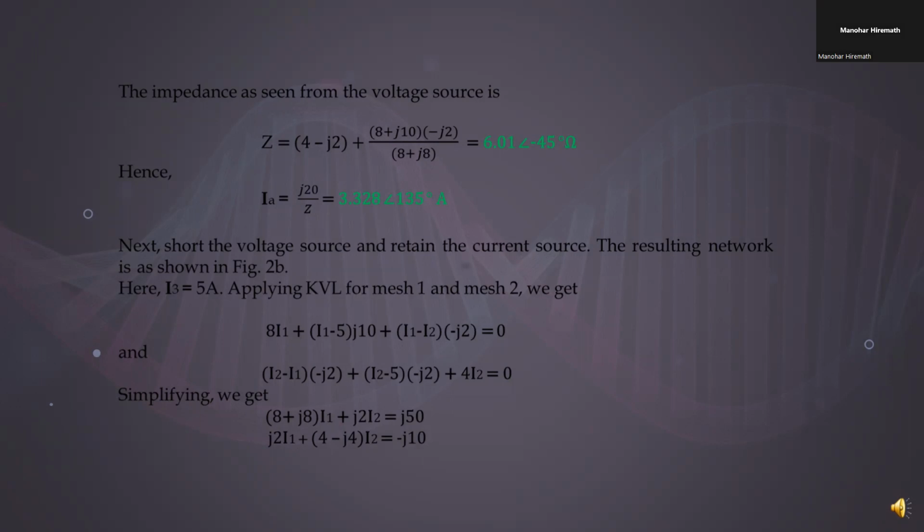And (I2 minus I1) into minus j2 plus (I2 minus 5) into minus j2 plus 4 I2 equals 0. Simplifying, we get (8 plus j8) I1 plus j2 I2 equals j50, and j2 I1 plus (4 minus j4) I2 equals minus j10.